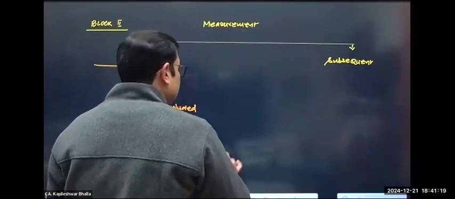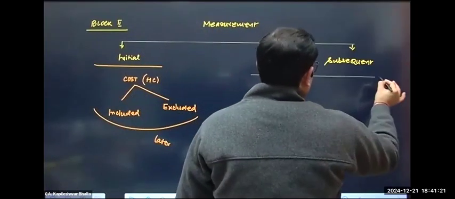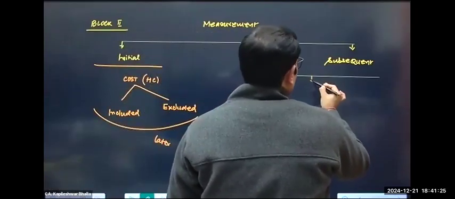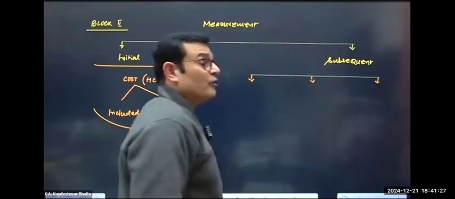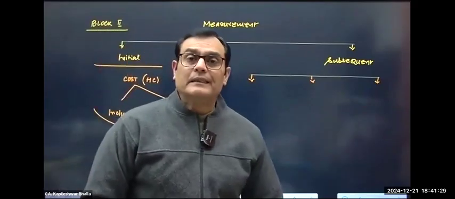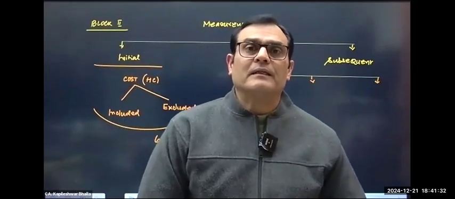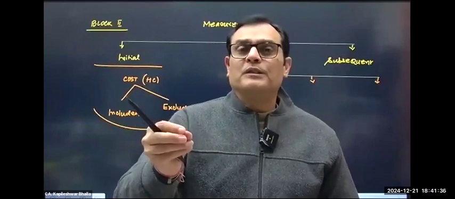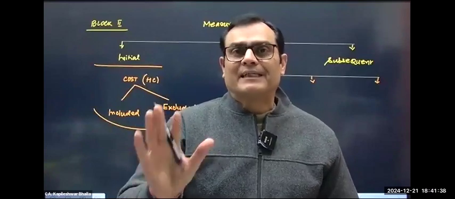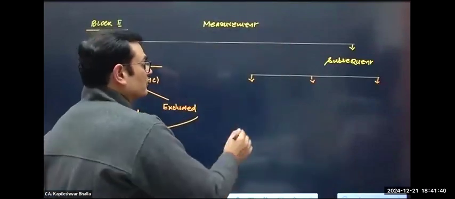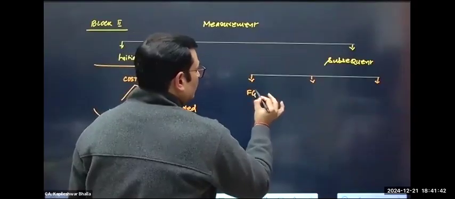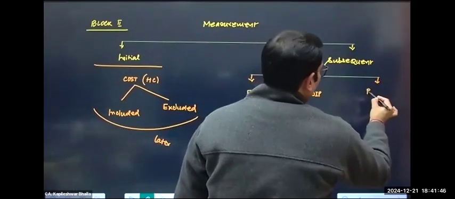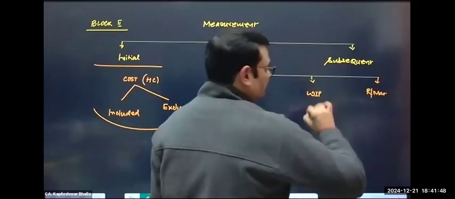Now, when it comes to subsequent measurement, it is to be seen for FG separately, WIP separately, and raw material separately. When it was initial measurement, we just said cost irrespective of the category. But for subsequent measurement, the focus is: are we looking at finished goods, WIP, or raw material?